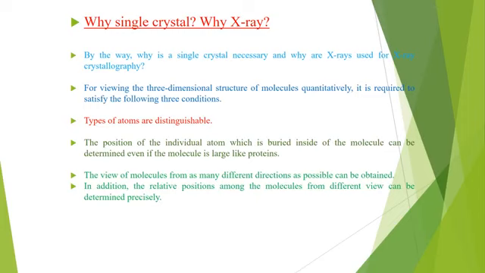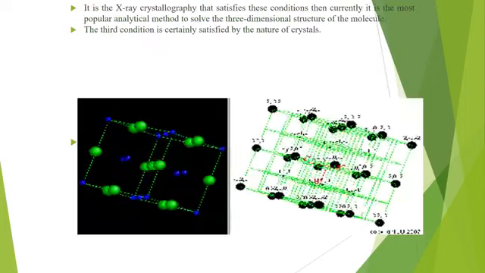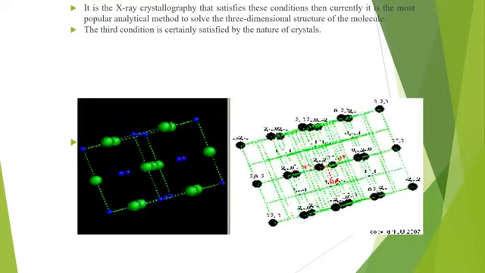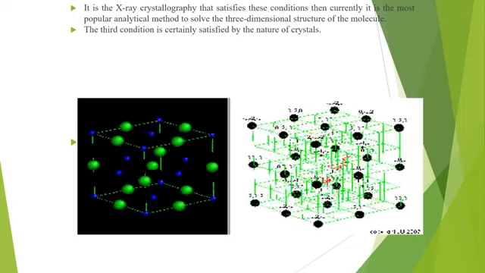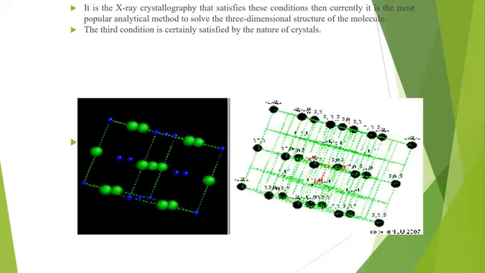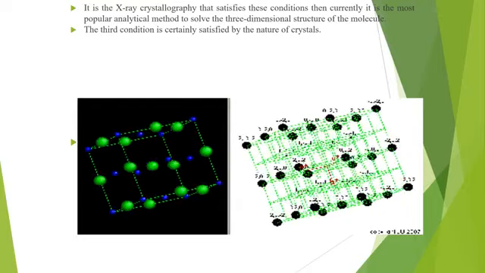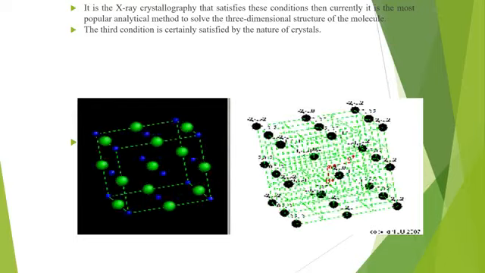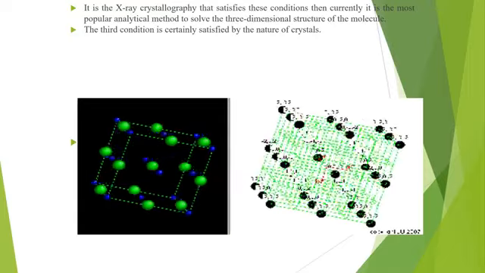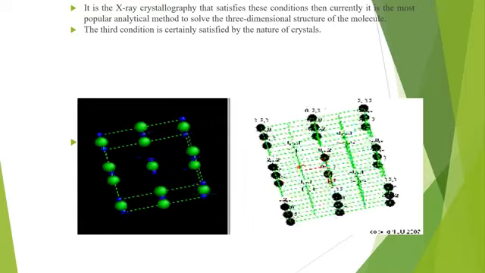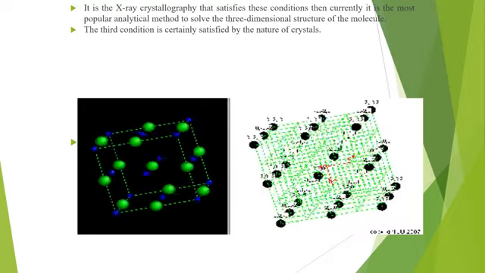In the next slide, there is an animation of a single crystal, and in this it is X-ray crystallography that satisfies these conditions. Currently it is the most popular analytical method to solve the three-dimensional structure of molecules.